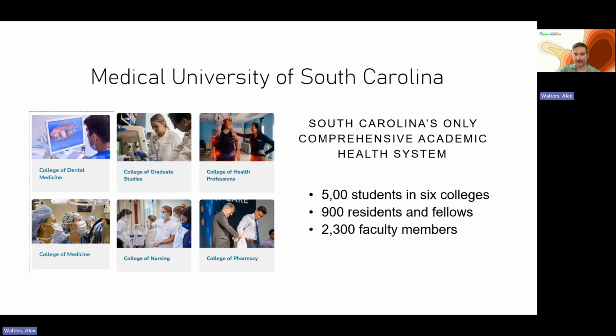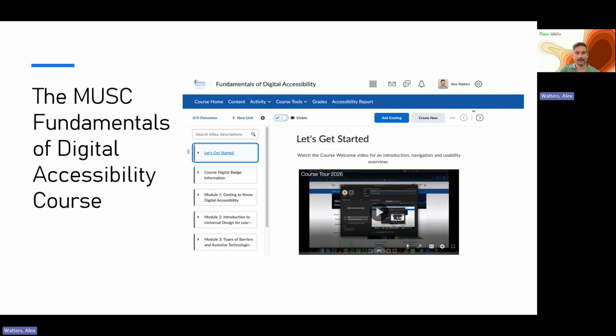So knowing that we had this collection of colleges with all these students and different residents and faculty members, we wanted to make sure that we could create a solution that could scale across all of these disciplines and different roles, which led to the development of this Fundamentals of Digital Accessibility course.